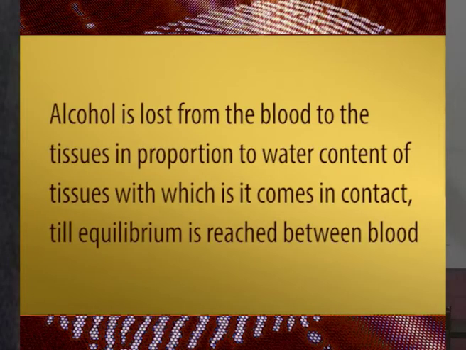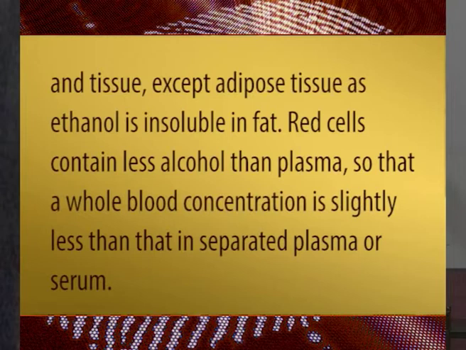Alcohol is also lost from the blood to the tissues in proportion to the water content of the tissue with which it comes in contact, till equilibrium is reached between blood and tissue, except adipose tissue, as ethanol is insoluble in fat. Red cells contain less alcohol than plasma, so that a whole blood concentration is slightly less than that in separated plasma or serum.